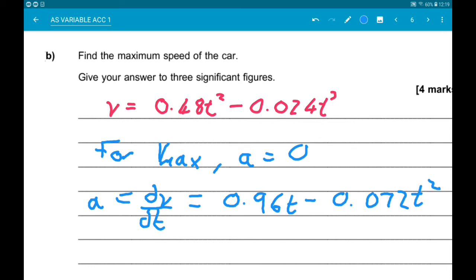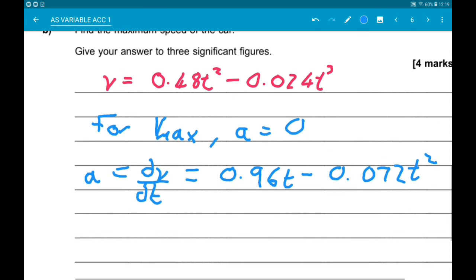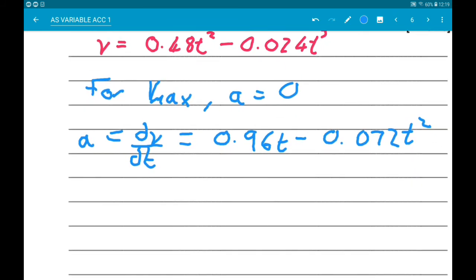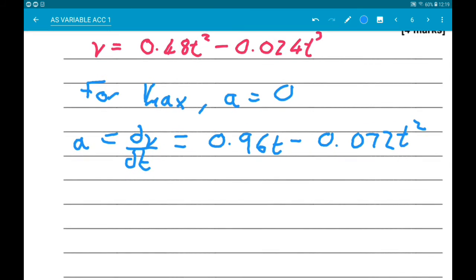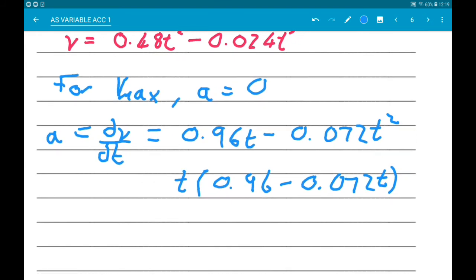Okay, now we're going to set that equal to 0. Now I'm also going to factorize it, so we can say t times (0.96 minus 0.072t) is equal to 0.